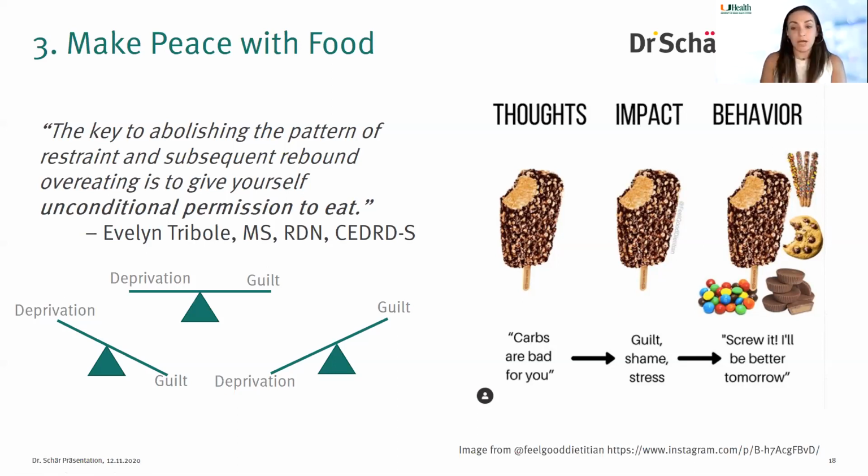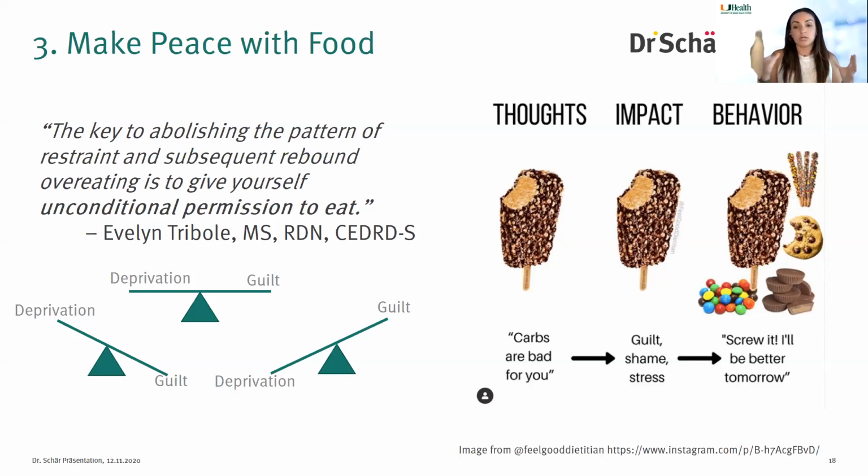I know in some of my patients, I've seen this where they've said, oh, well, I already ate too much protein. What's the harm in eating more today? It goes into that deprivation cycle, which you can see here, where deprivation and guilt go hand in hand.